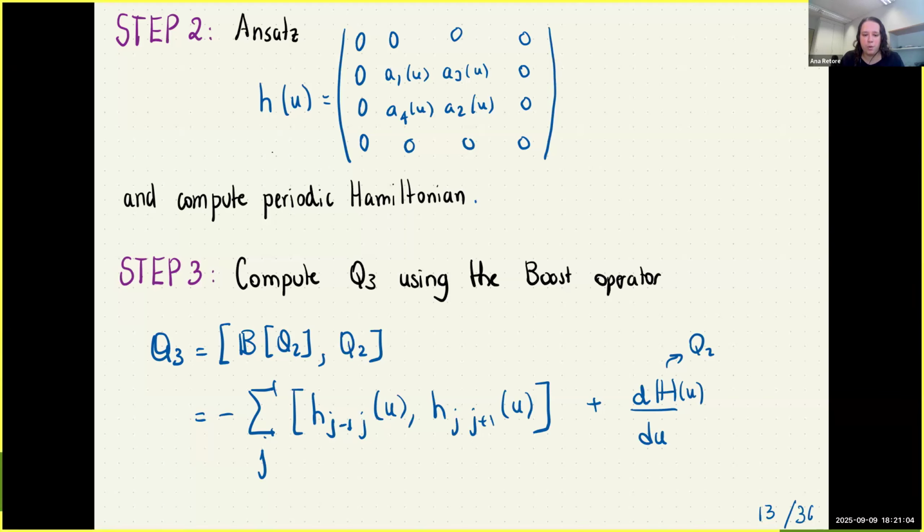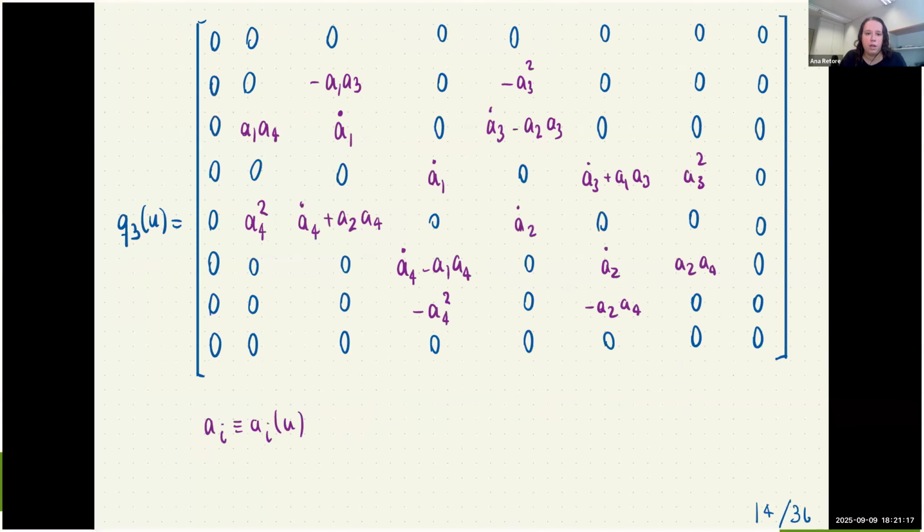Then you see that Q3 has quadratic terms in these A's and linear terms with derivatives on them as well. If you write the density of the third charge, it looks exactly like this for this model.